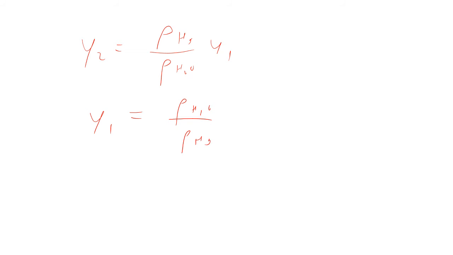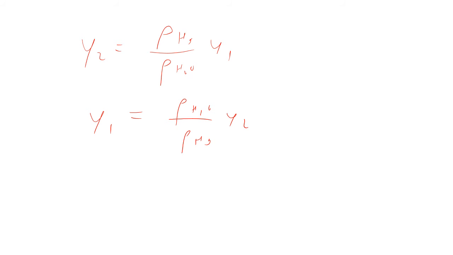Okay. So what we had was that Y2 was rho of mercury over rho of the water times Y1. We could have rewritten that as Y1 equals rho water over rho mercury times Y2.